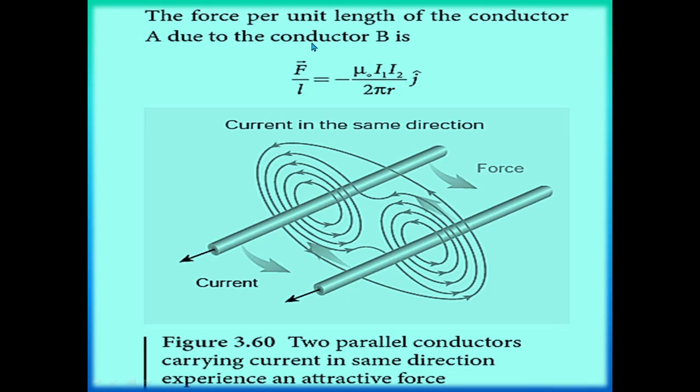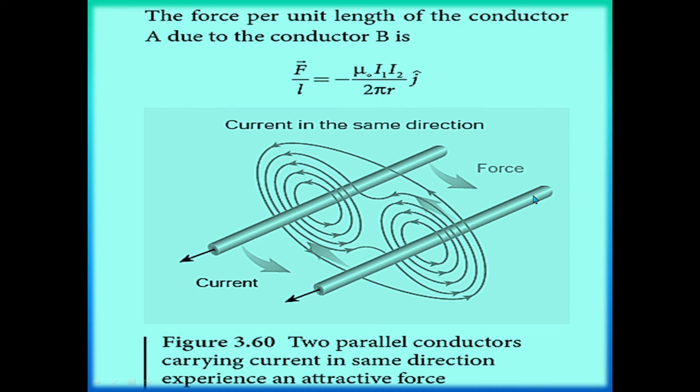The force per unit length, here also we calculate, of the conductor A due to the conductor B is, force per unit length, F vector divided by L, equal to minus mu naught I1 I2 divided by 2 pi r into j cap. Current in the same direction. Here is the diagram, so we can easily understand this concept.